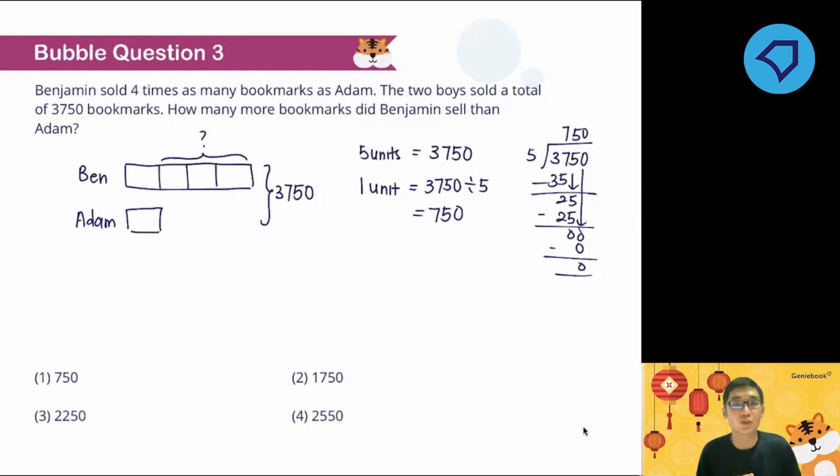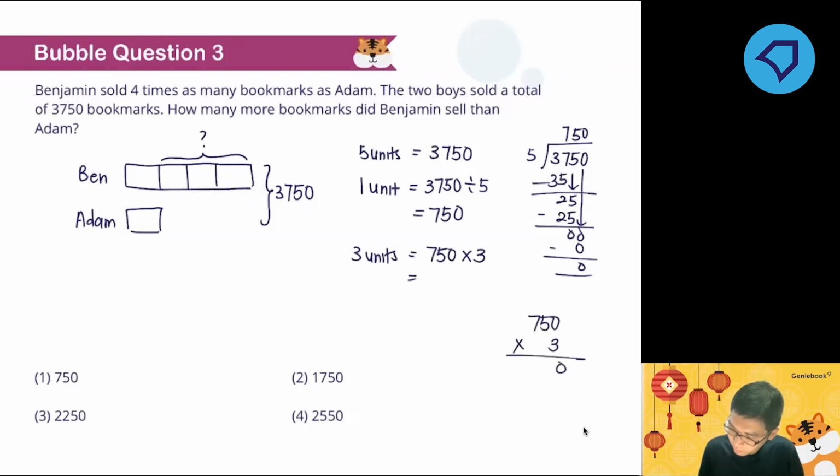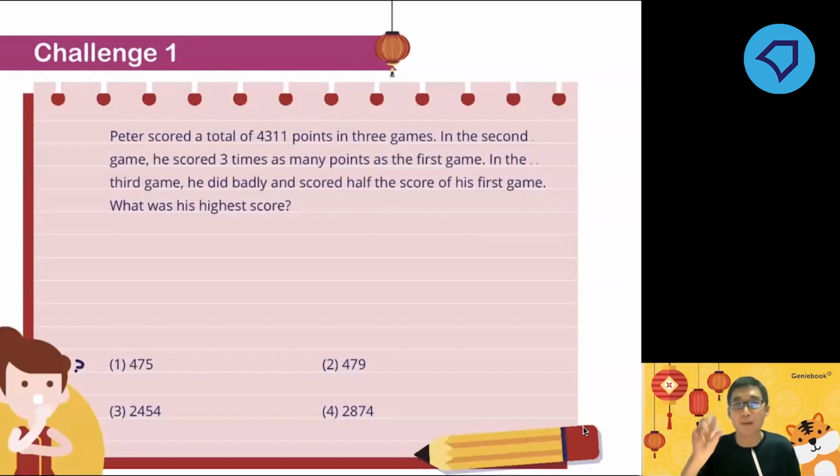Therefore, we just need to find out what 3 units represent. So 3 units would be 750 multiplied by 3. Do your working. So the answer is 2,250.